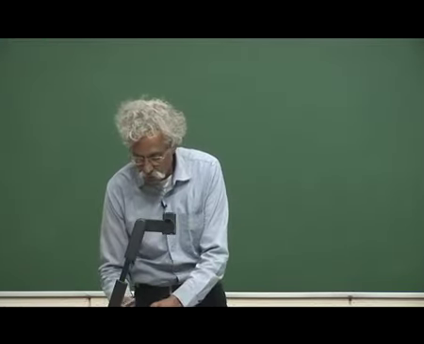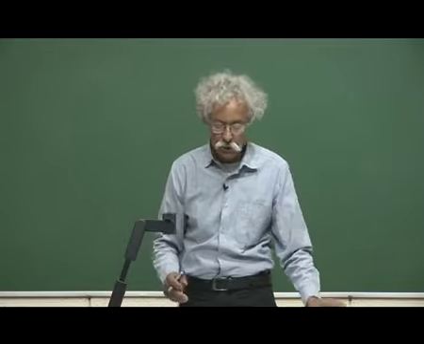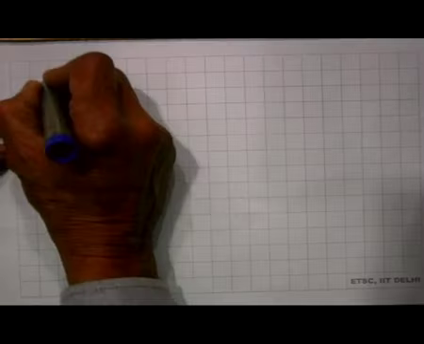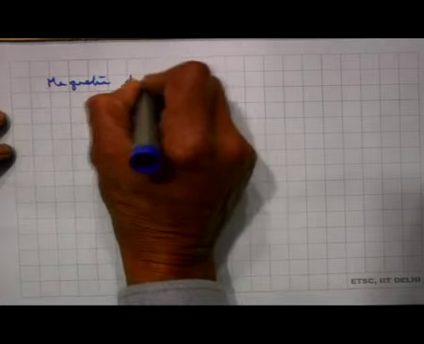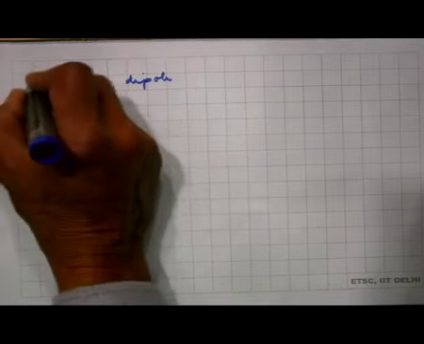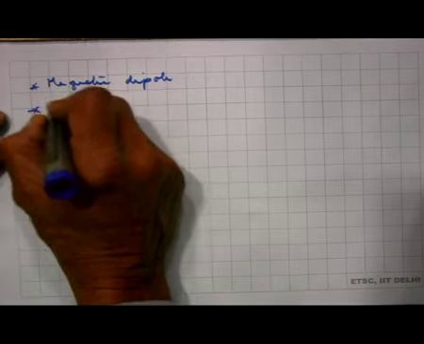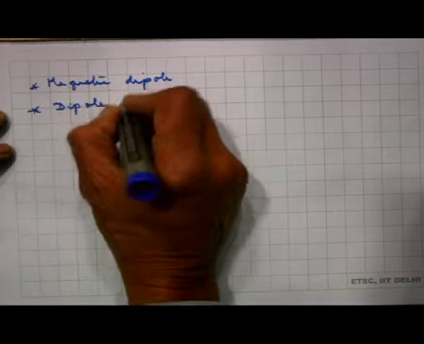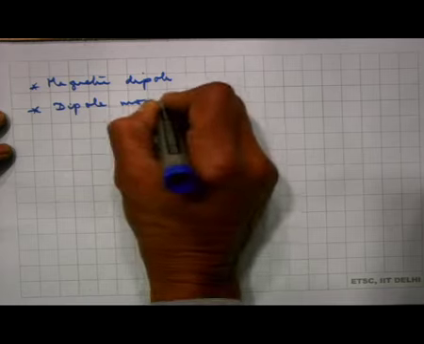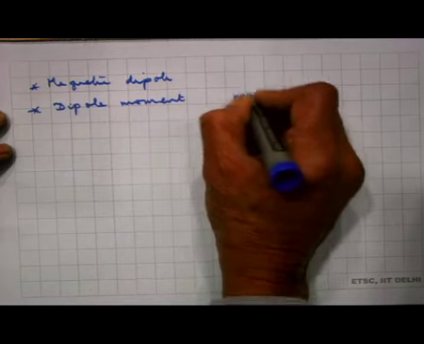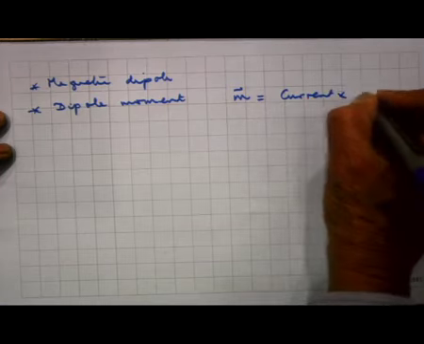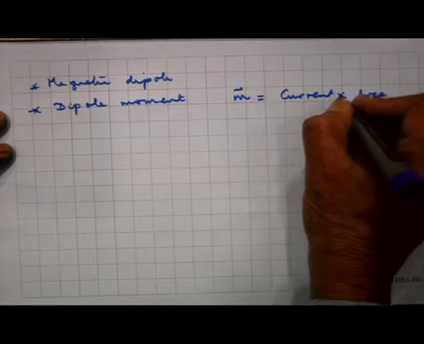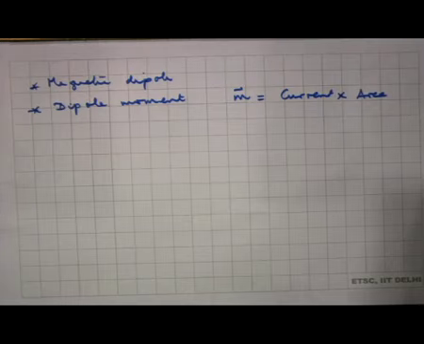And remember we had introduced the concept of magnetic dipoles, and I had introduced what is called a dipole moment, which is equal to current into area, and area is a vector.